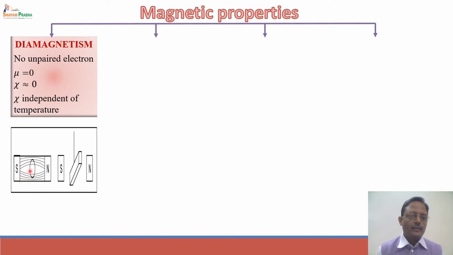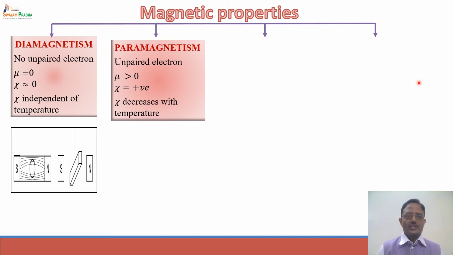Hence, the magnetic lines of force passing through the substance are fewer than those passing through the vacuum. Such a substance tries to move away from the magnetic field or aligns itself perpendicular to the applied magnetic field. These are the properties of diamagnetic substances.